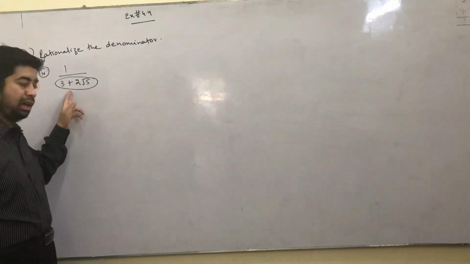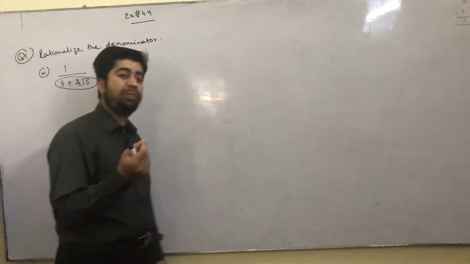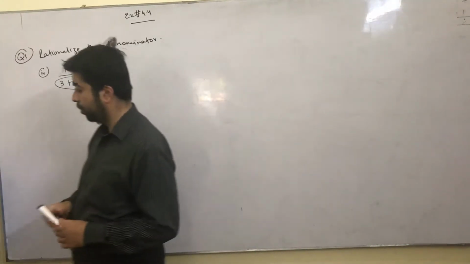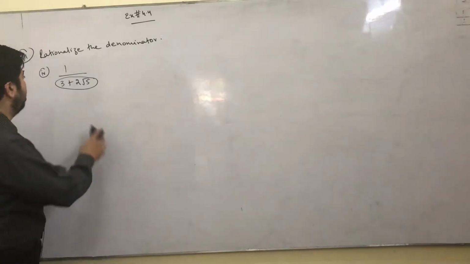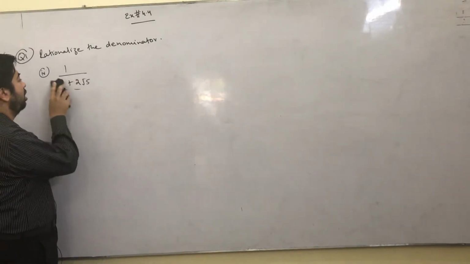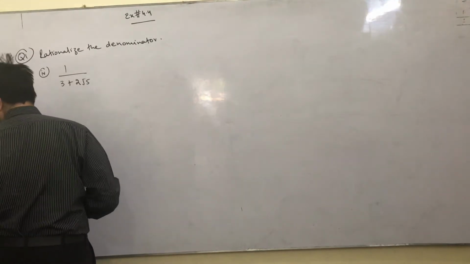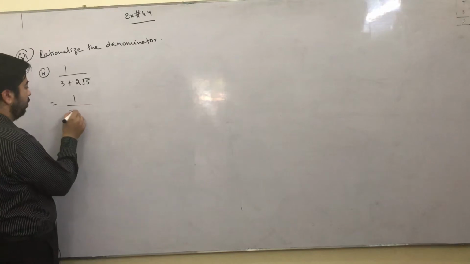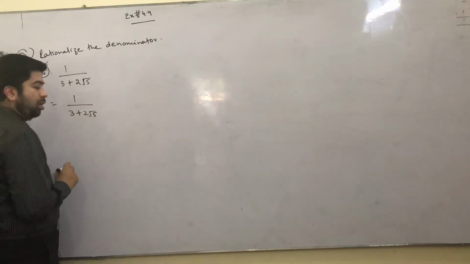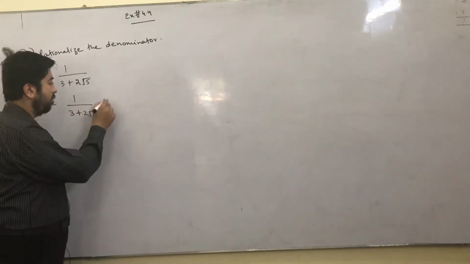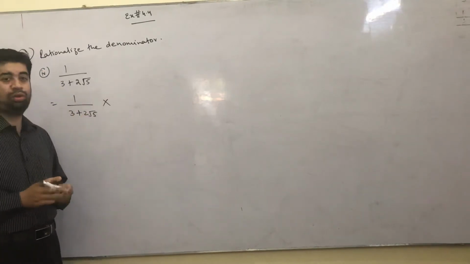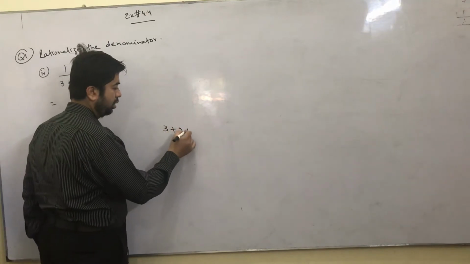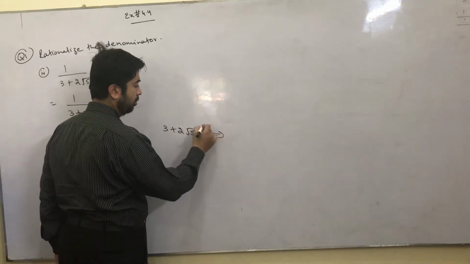But for a positive sign here or a negative sign here, there must be one rule that we have to fulfill. So what is the rule for converting an irrational number to a rational number? First you have to write it as 1 over 3 plus 2 square root 5, and after that the conjugate of this one.